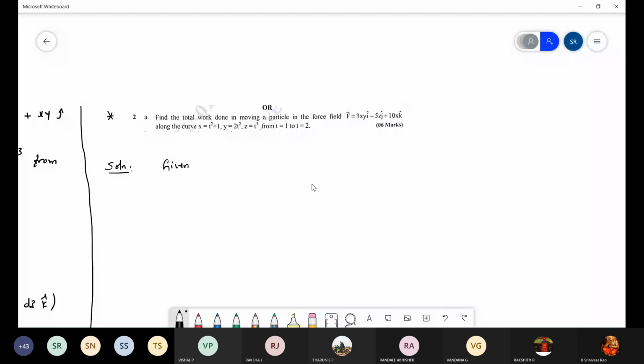Given F equals 3xy i cap minus 5z j cap plus 10x k cap, and dr equals dx i cap plus dy j cap plus dz k cap.